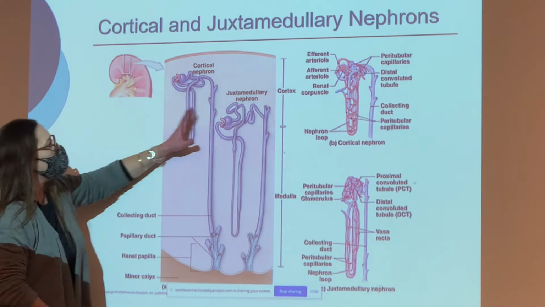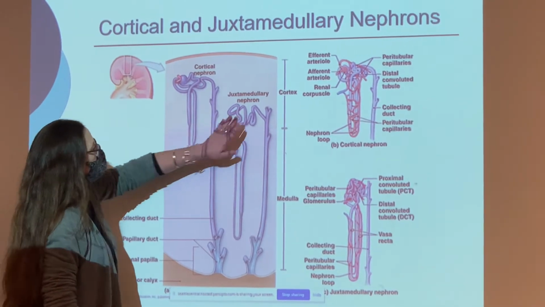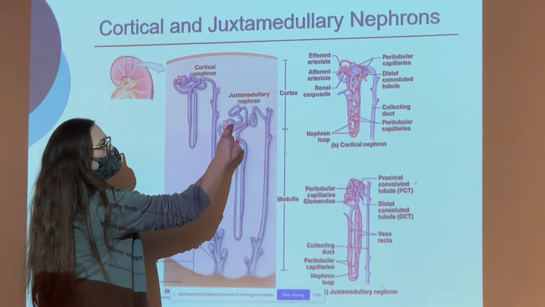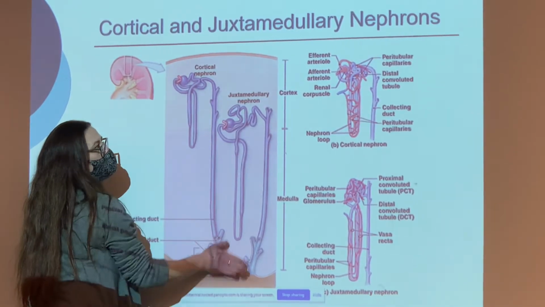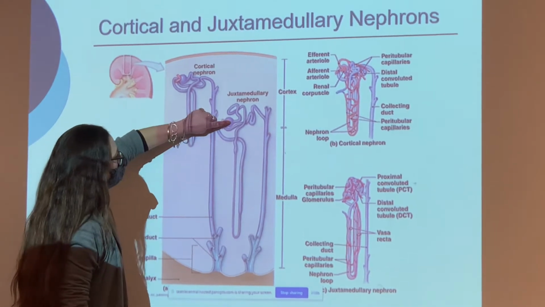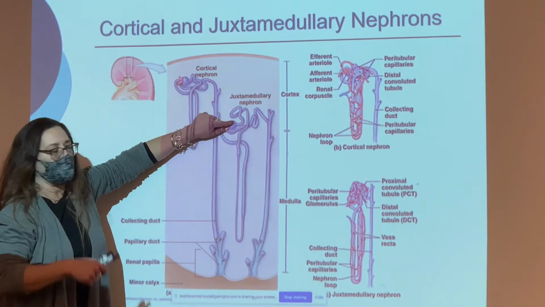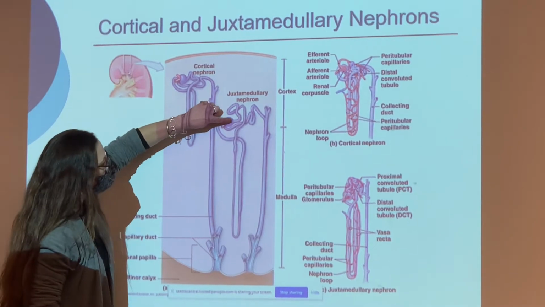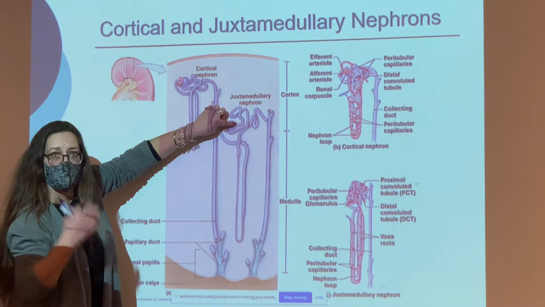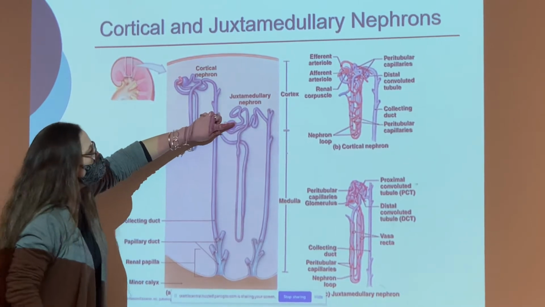So here we're looking at 2 nephrons. Let's just look at this one for now. Here we've got Bowman's capsule. Here they haven't done a cross section, so we can't look inside of it. But what would be inside of that is that tuft of capillaries. Inside of there is where we filter the blood. Inside of there is where we have our filtrate, everything that came out of the blood.